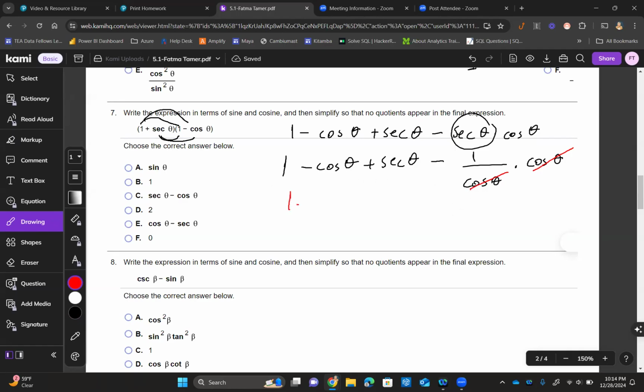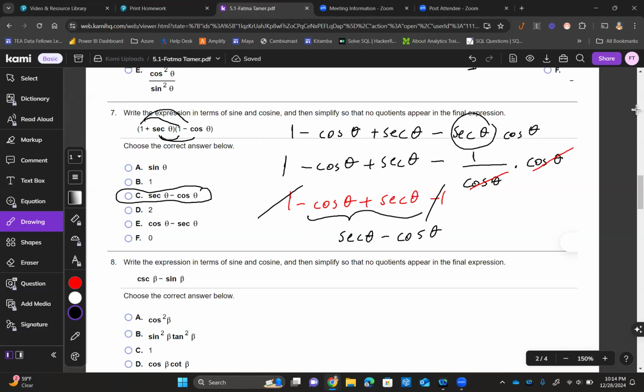And I will get 1 minus cosine of theta plus secant of theta minus 1. So here, positive 1 and negative 1 will cross out, and I am going to end up with this expression. If I write the positive term first, that's secant of theta, and then the negative term after this, my expression simplifies to secant of theta minus cosine of theta in this problem.